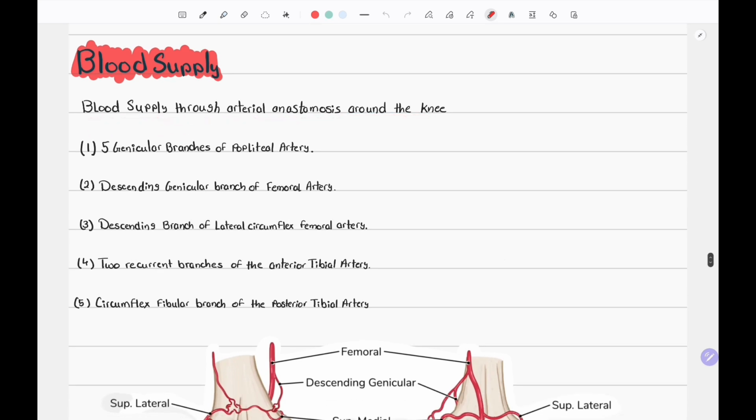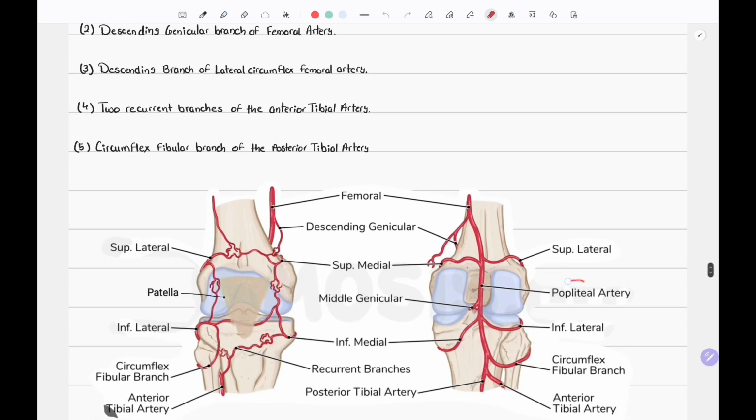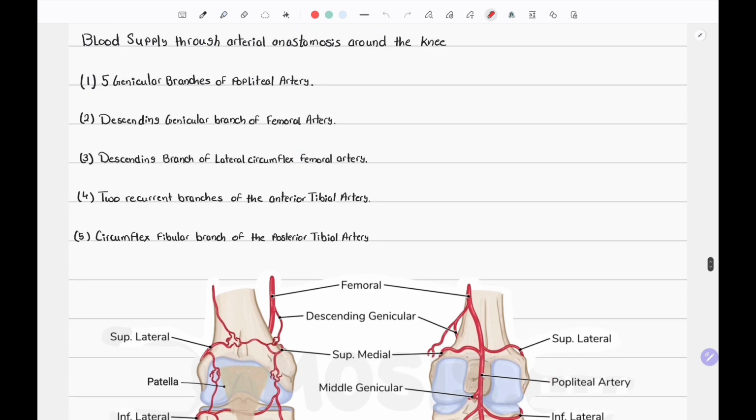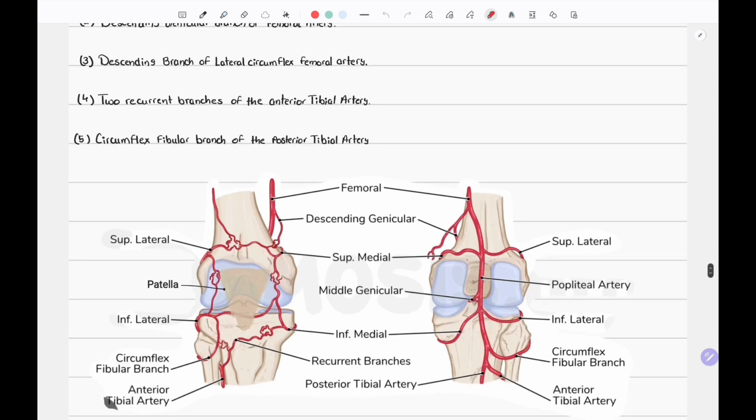To remember the blood supply, there are 5 chief arteries and their related branches which supply the knee. So the popliteal artery gives 5 genicular branches. So here is the popliteal artery and its 5 genicular branches. The word genicular is derived from Latin geniculum, which means knee.